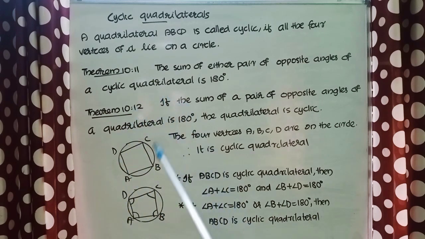The second theorem states the opposite of it. That means if angle A plus angle C equal to 180 degree or angle B plus angle D equal to 180 degree, then ABCD is a cyclic quadrilateral.